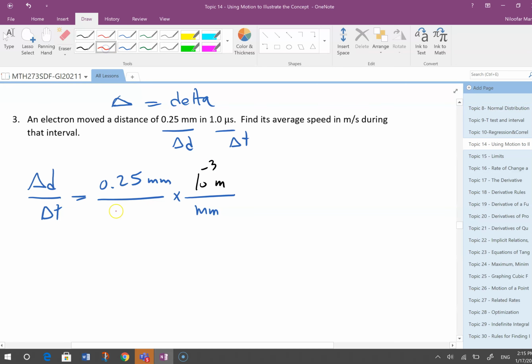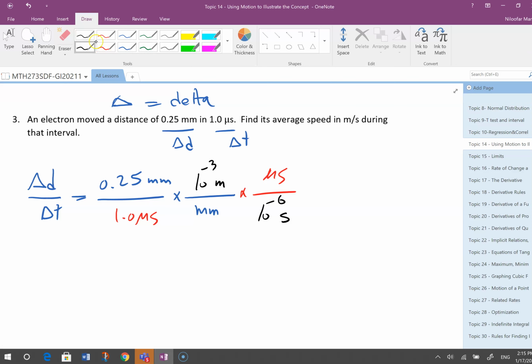Then multiply: microsecond I want to cancel and bring second, so it is 10 to the power minus 6 second.